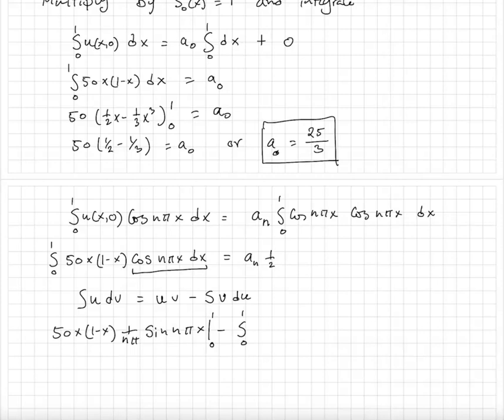So the u part has to be differentiated. So I multiply by x minus x square, so it will be 1 minus 2x and 1 by n pi sine n pi x. So that is v du. So I have a dx, and on the right hand side, half an.